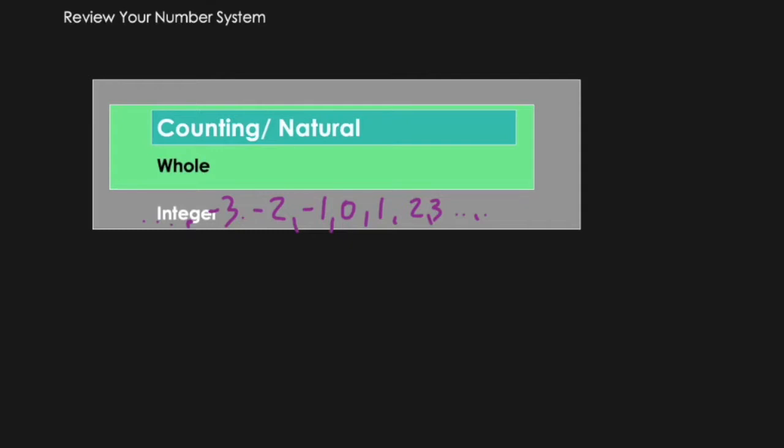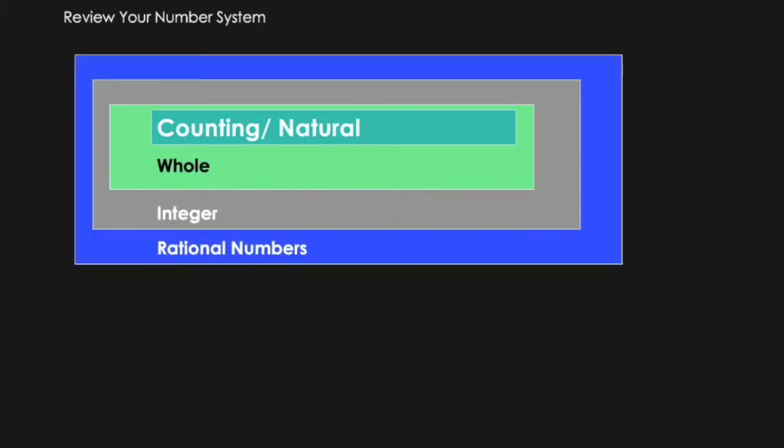Notice that we do not have any fractions yet. That's what comes next. These are the rational numbers. These numbers are the ones that have ratios or can be written as fractions. They still include the integers, all the negatives and positives, 0s, 1s, 2s, and 3s.